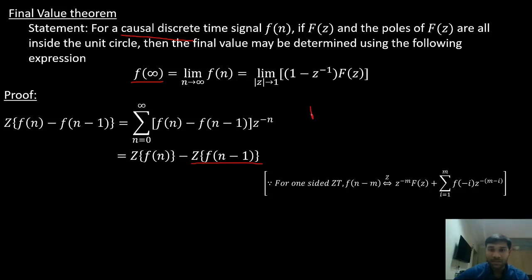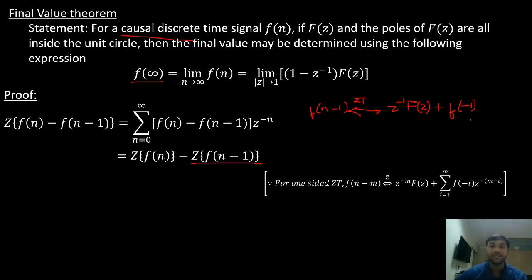What is the one-sided z transform of F of n minus 1? F of n minus 1 has the one-sided z transform of z to the power minus 1 into F of z, plus F of minus 1.